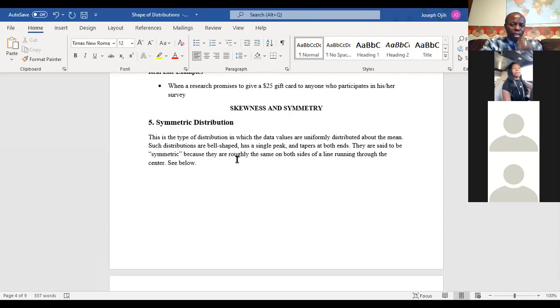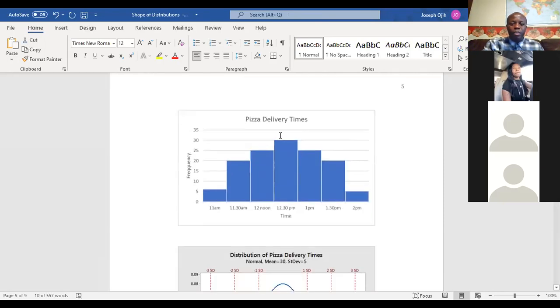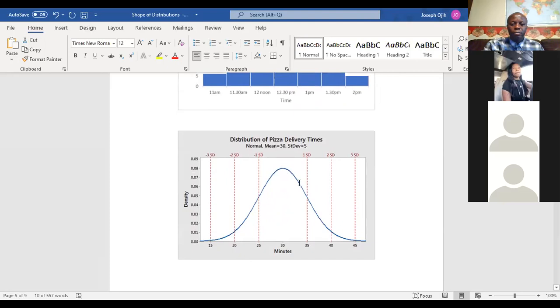So now we said that such distributions are said to be barrel shaped, like a barrel, has a single peak, and tapers at both ends. Look at it right here. It has a single peak and tapers at both ends. And when you graph it, it's going to look like this.